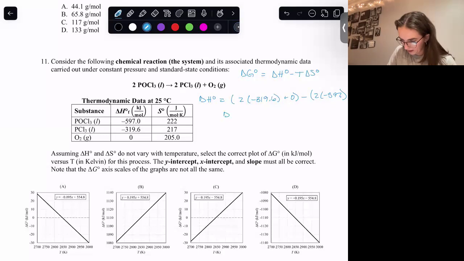So delta H naught is equal to 554.8. This is kilojoules per mole.